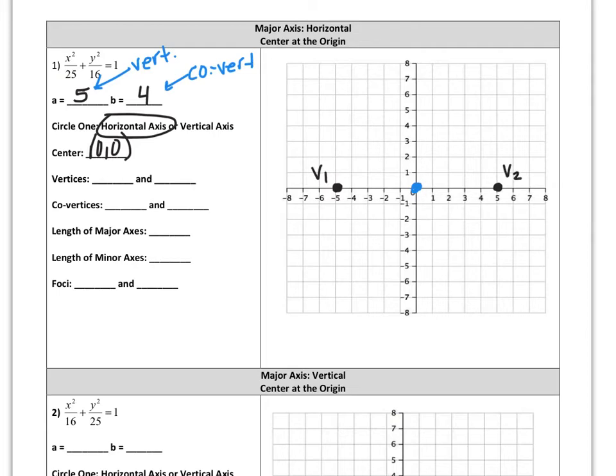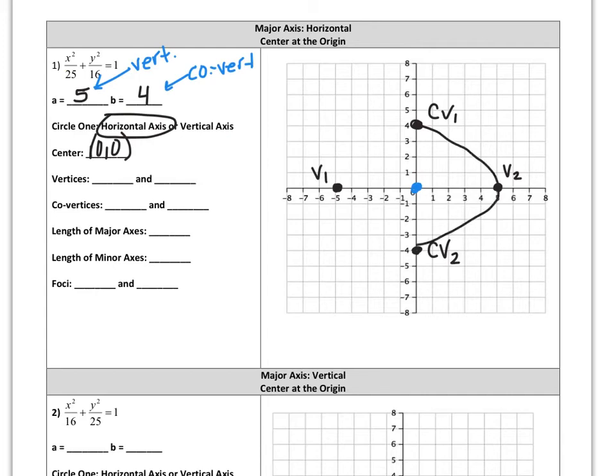Now my co-vertices go the other way. So my co-vertices are going to go up 4 and down 4. So here and here. So CV1 and CV2. Now I know my vertices, I know it opens horizontally, so that's why my vertices go here, not the co-vertices. So what is this ellipse going to look like?